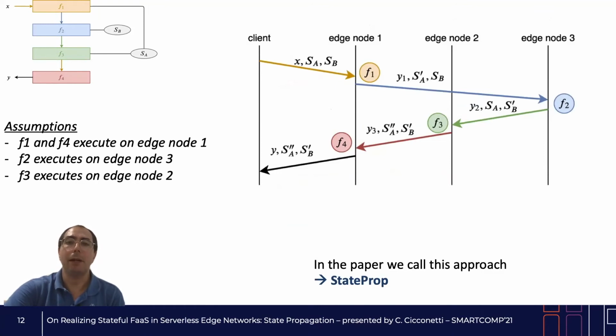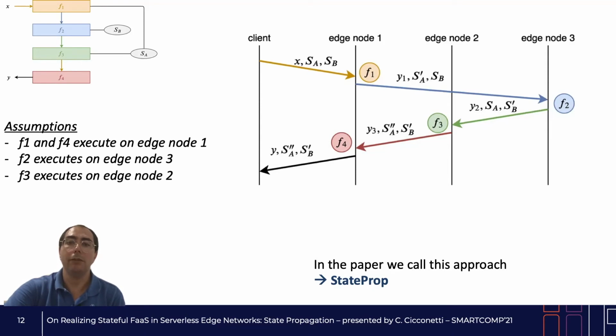In this approach, the client invokes only the first function in the chain, F1, including both the input parameters and the full state of the application, which in our example is SA plus SB. Then the full set of states is passed along together with the output of each function as an input of the next function as the function arguments.